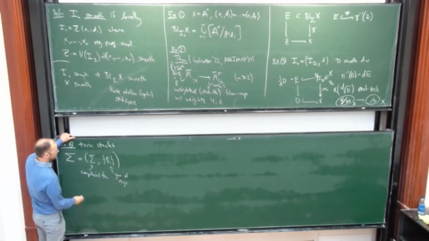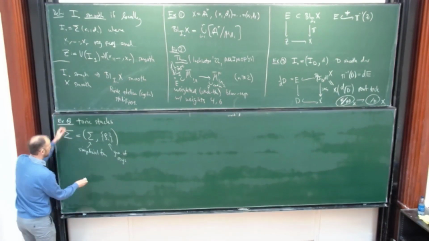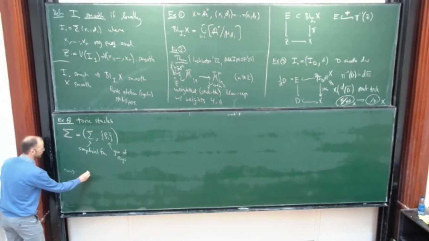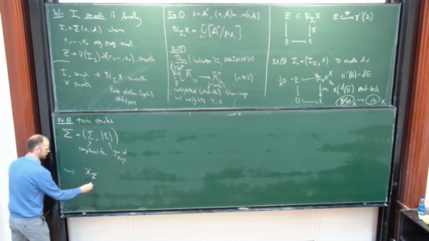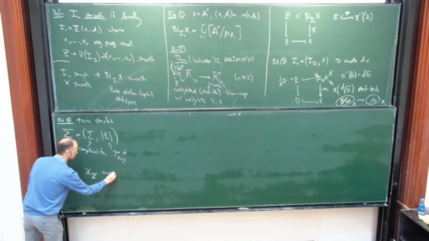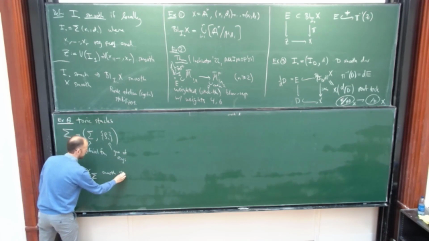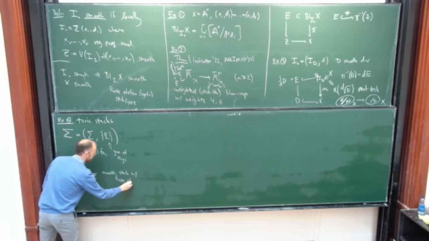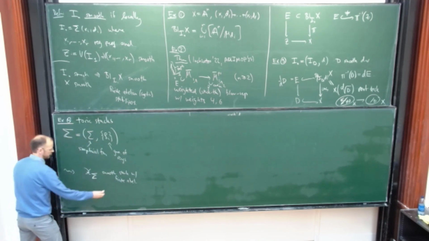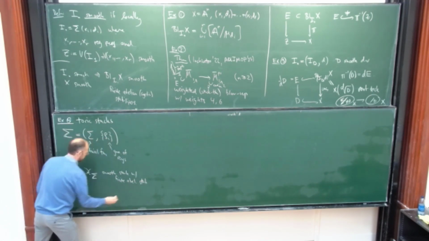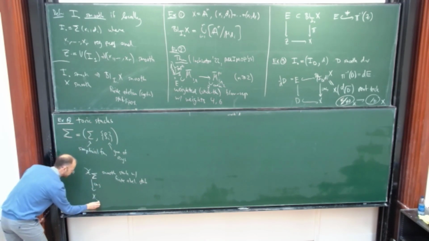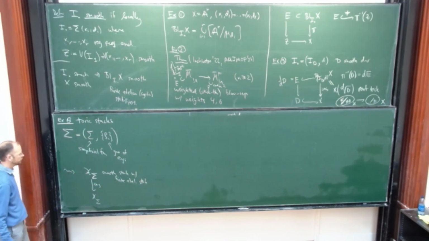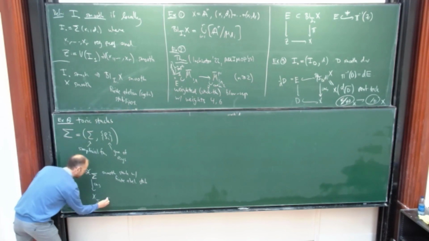Then from this data we get a toric stack, which is a smooth stack with finite abelian stabilizers, and its coarse space is the usual toric variety, which of course is usually singular.